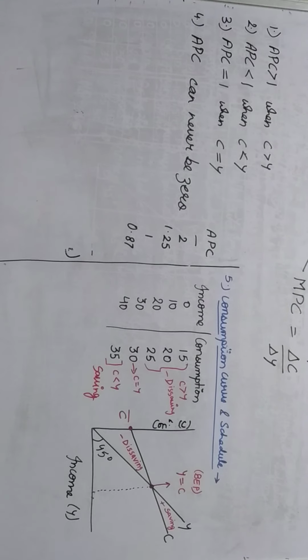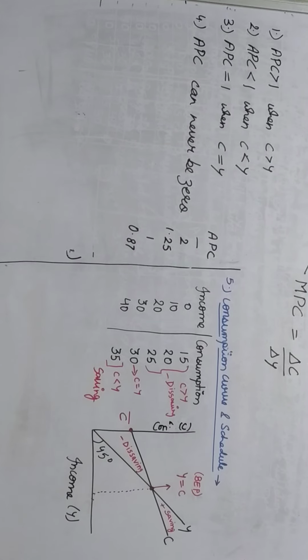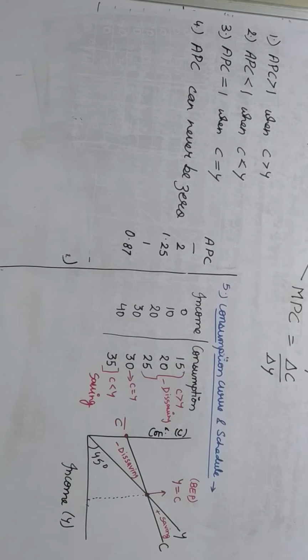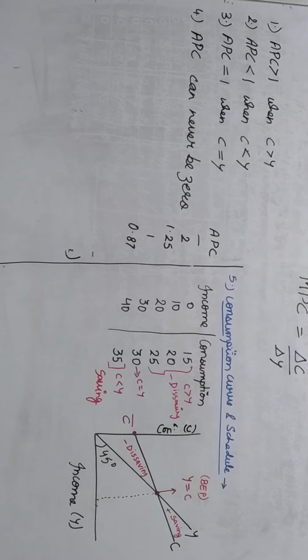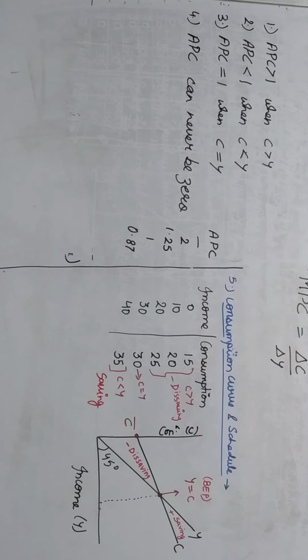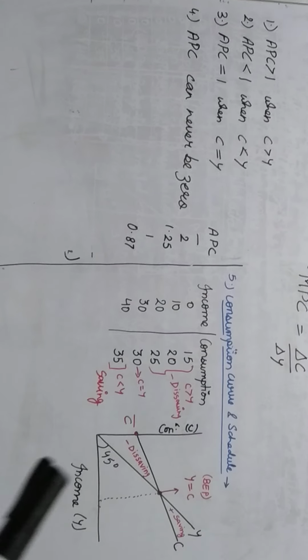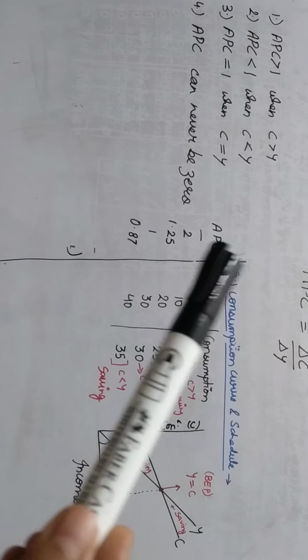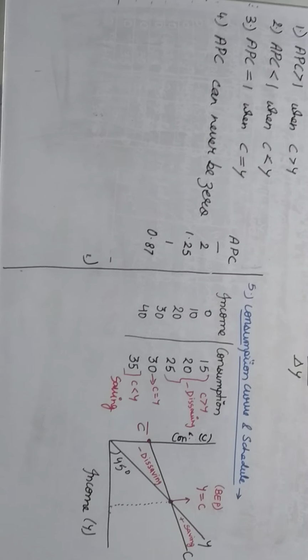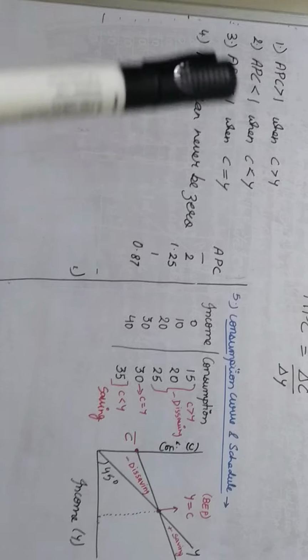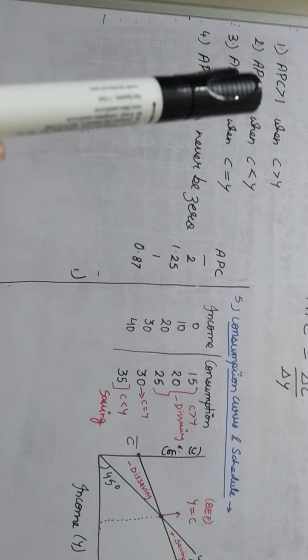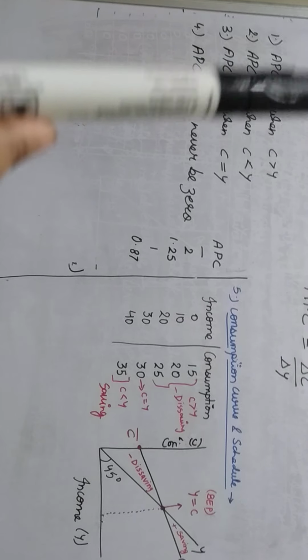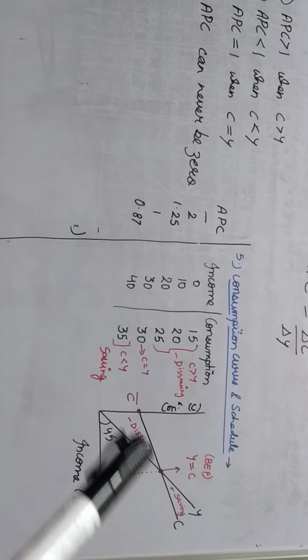The reason behind this is that the proportion of income spent on consumption decreases, because slowly the consumer will start saving. So the first point: as income increases, APC starts decreasing. Second point, the APC can be greater than 1. When can this situation happen?